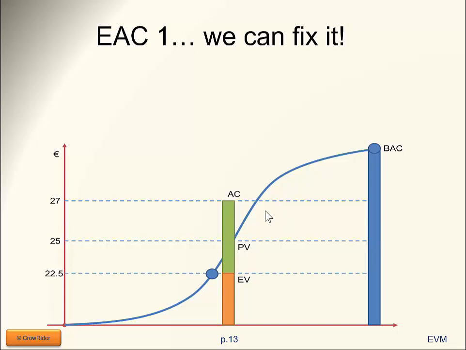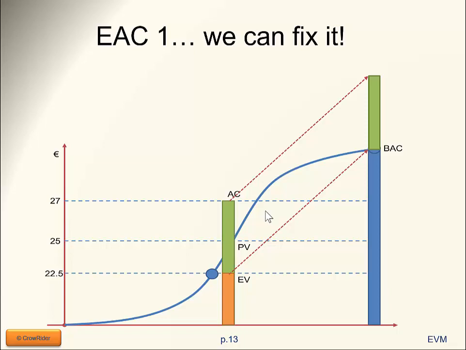I will not have new deviation. So if I take the deviation that I've had so far and put it on top of the budget at completion, that should represent the expected estimate at completion that we will have in reality.